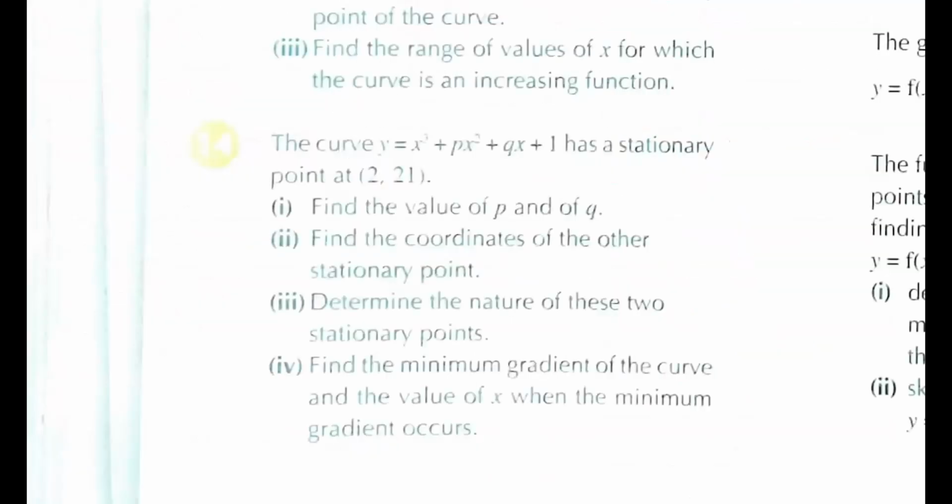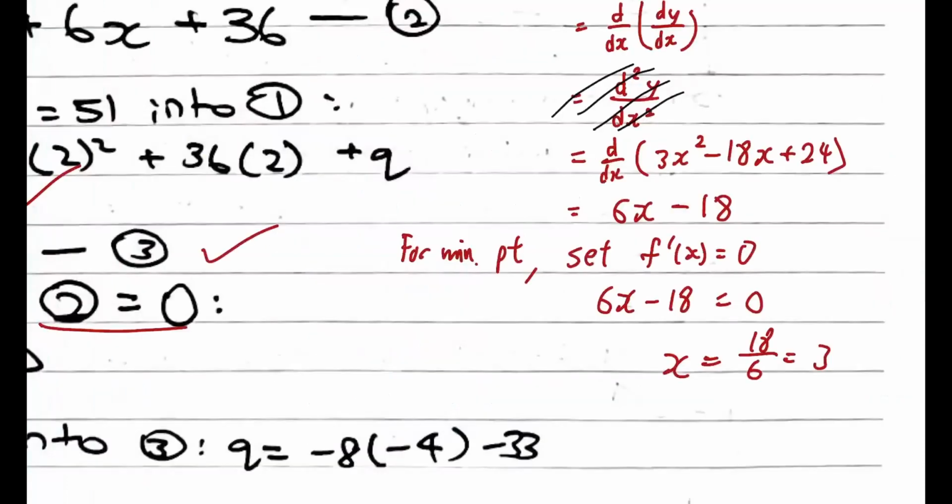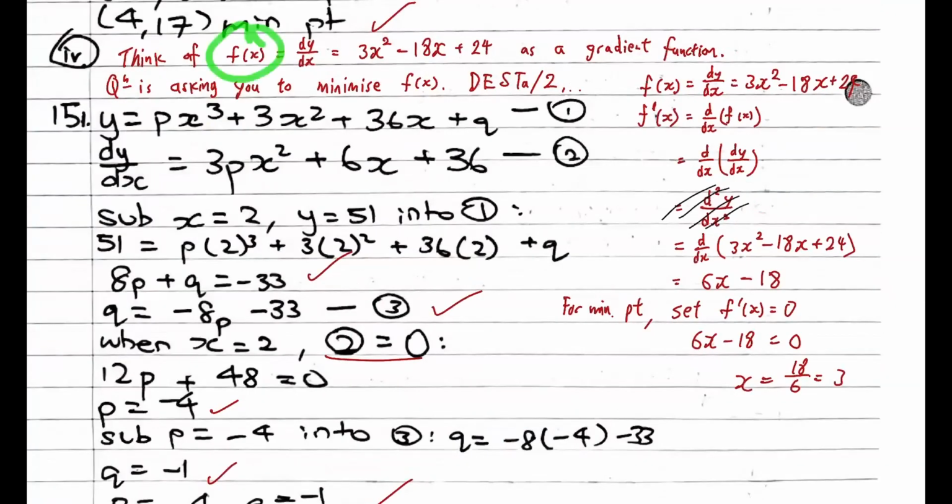Let's see. Find the minimum gradient, value of x. So we answered half of the question, value of x done. But now we need to find the minimum gradient itself. So what do you need to do? Remember, f of x is the gradient function.